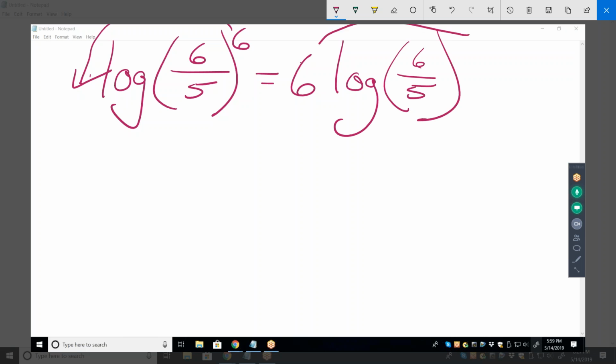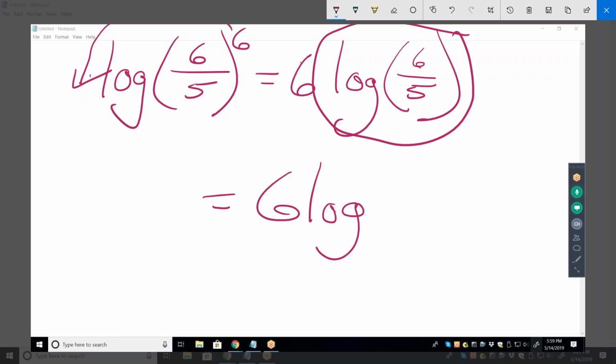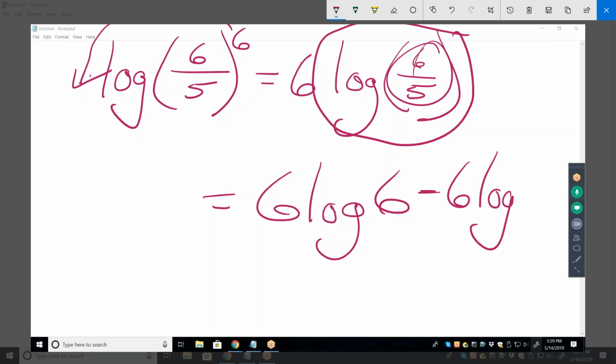Now, how do you break that down? 6 log of 6 minus 6 log of 5. Minus, because we're doing division. Minus goes with division. And there's your answer.